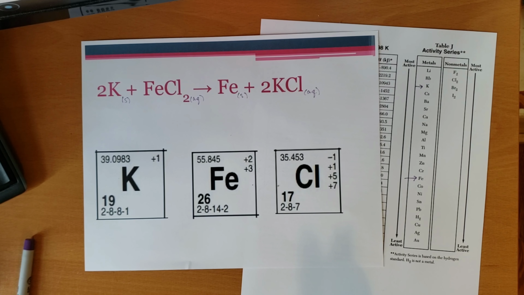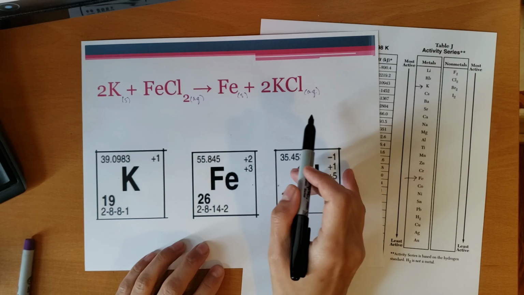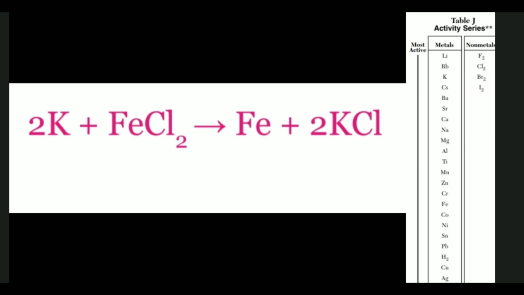So here in this single replacement reaction, we know that this is a spontaneous reaction. So we use reference table J to determine that this reaction will be spontaneous. That is because the metal potassium that is alone, found here, is more active than the metal iron, found here.